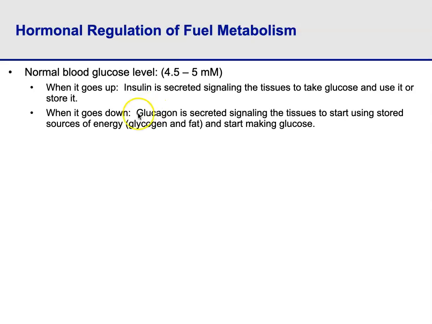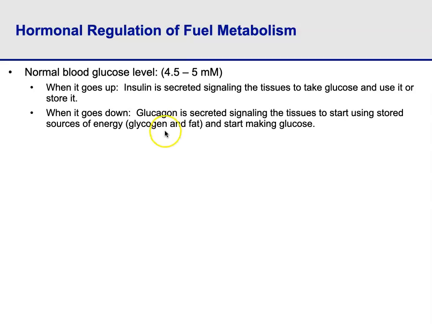If the blood glucose levels fall below this level, then another hormone is secreted, the glucagon hormone, that tells the tissues to start using the stored sources of energy, such as glycogen and fat. The purpose of glucagon is to keep the blood glucose levels normal, so that will provide the necessary source of energy to the brain.